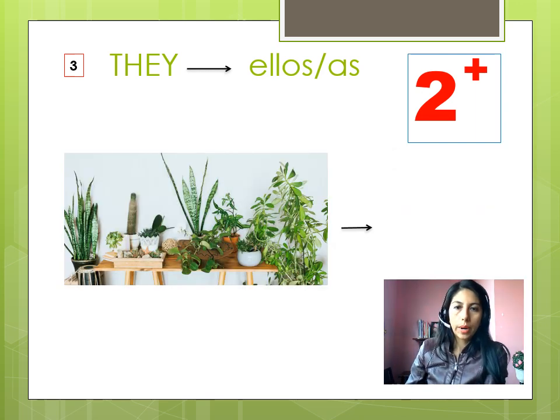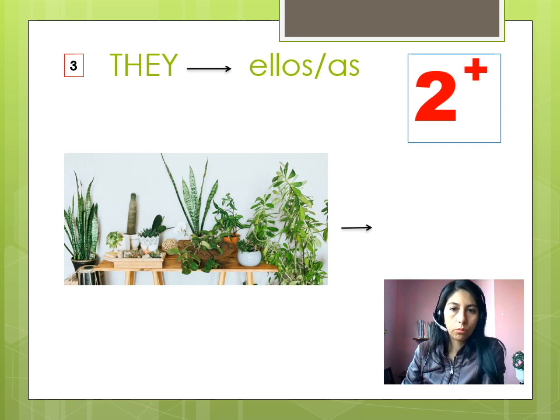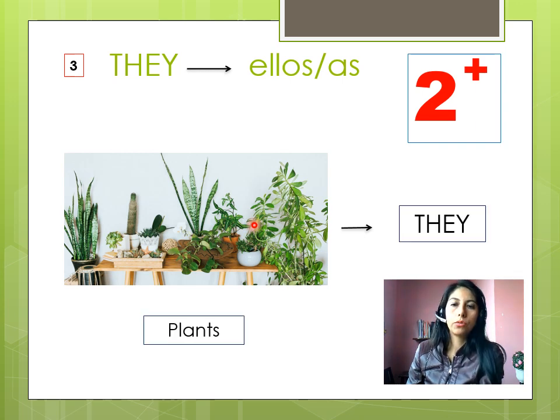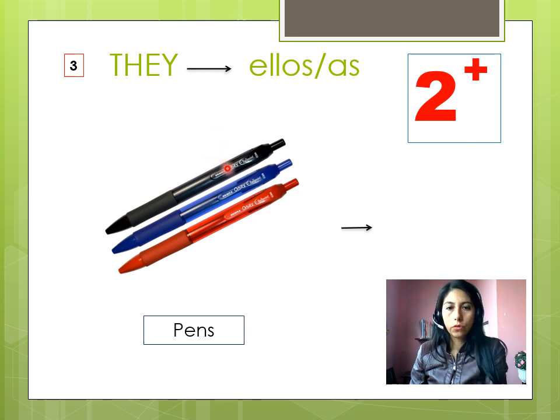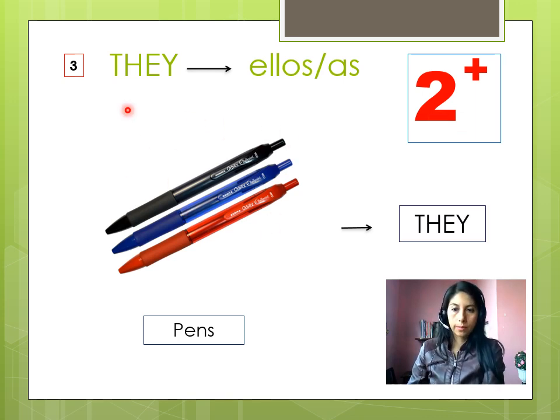Also, when I want to talk about plants, in this case, two or more plants, I use my subject pronoun they. And finally, here I have 1, 2, 3 pens. They are objects. So when I have two or more objects, I use the subject pronoun they.